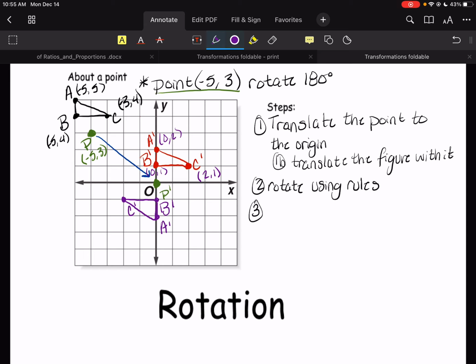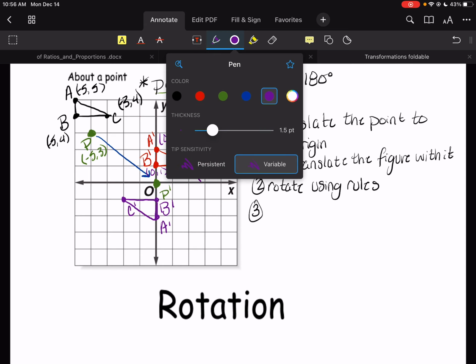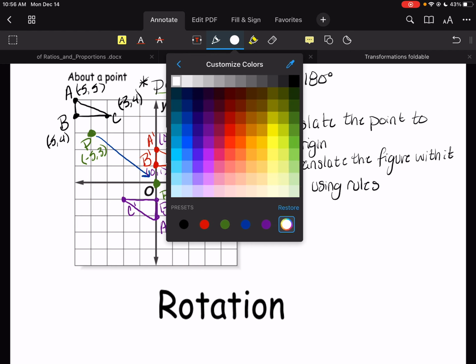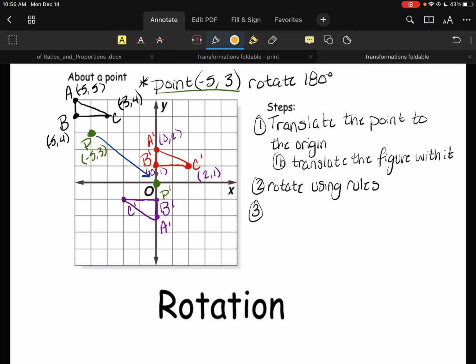So let's go ahead and move this. Let me come up with another color for you. Let's see, an orange. Yeah, we'll use an orange. Okay, so since we went to the right 5, we're going to go to the left 5.